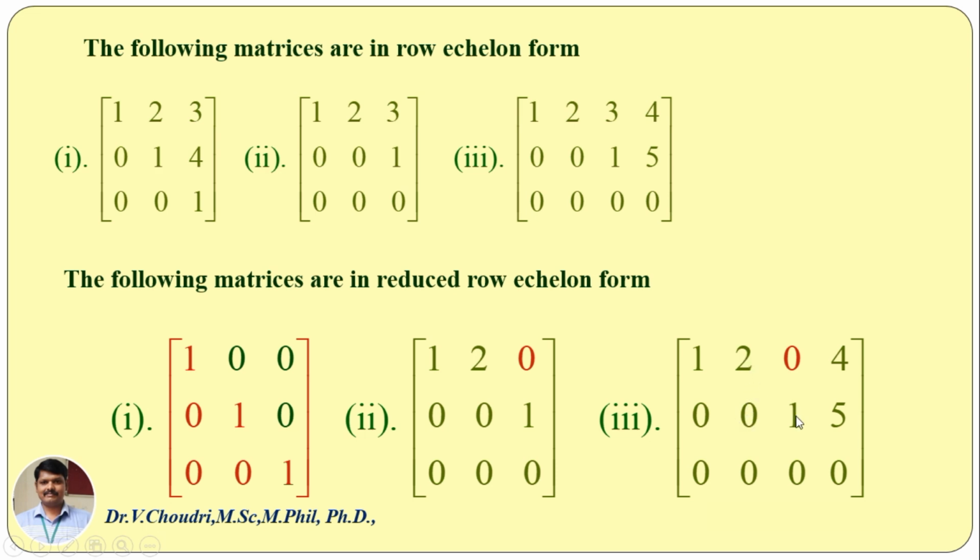But here we have no need to make it 0. Okay. So this one is not a reduced row echelon form. If this 1 were present here, absolutely we could make the element 0. But 1 is present here only, so you do not need to make it 0. So this is not the reduced row echelon form.